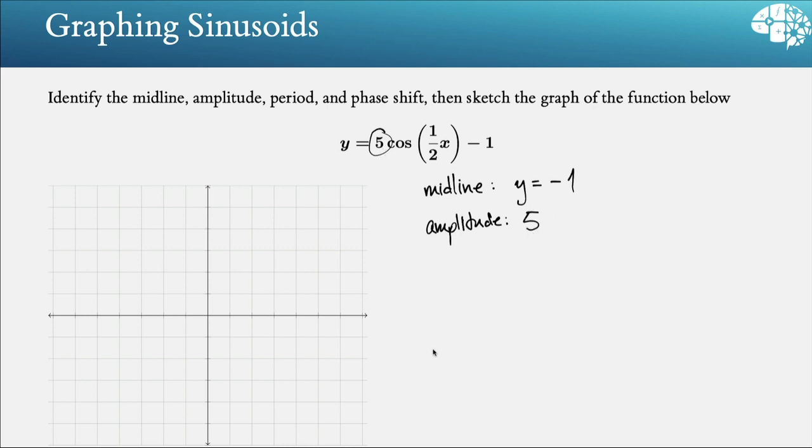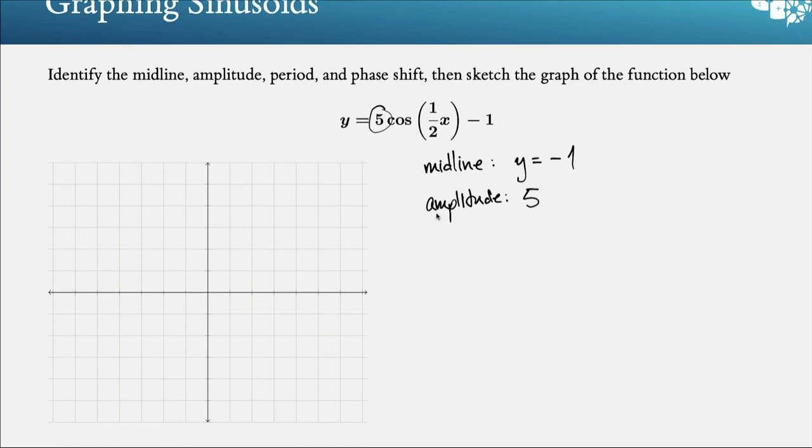So that's just 5. Then our period. The period is 2 pi divided by the number in front of the x, 1/2. Simplify that. That's 2 pi times 2 over 1. That's 4 pi for our period.